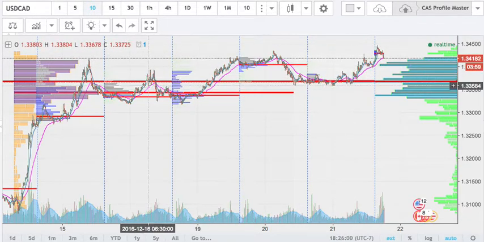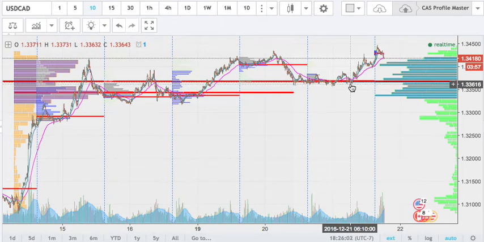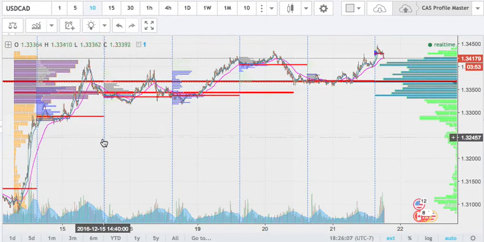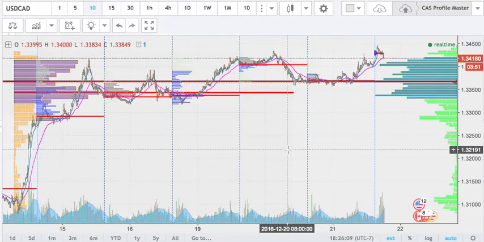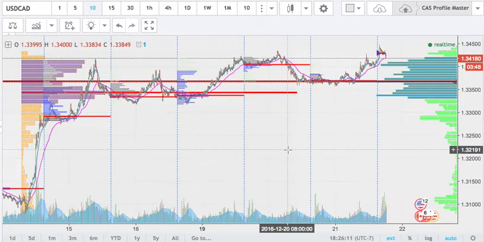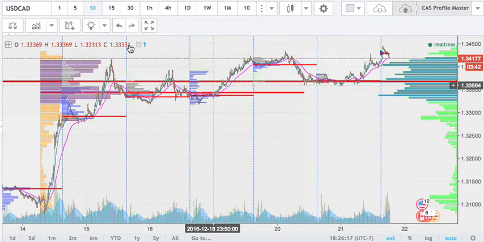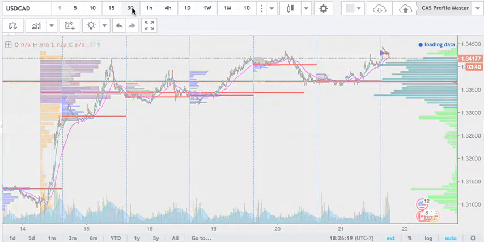All right, so the reason I bring this up, this red line right here, is the weekly point of control on the market profile auction theory. Okay, so this is probably the most relevant midterm price before you go to the 2 weeks, and then you go to the 3 month.